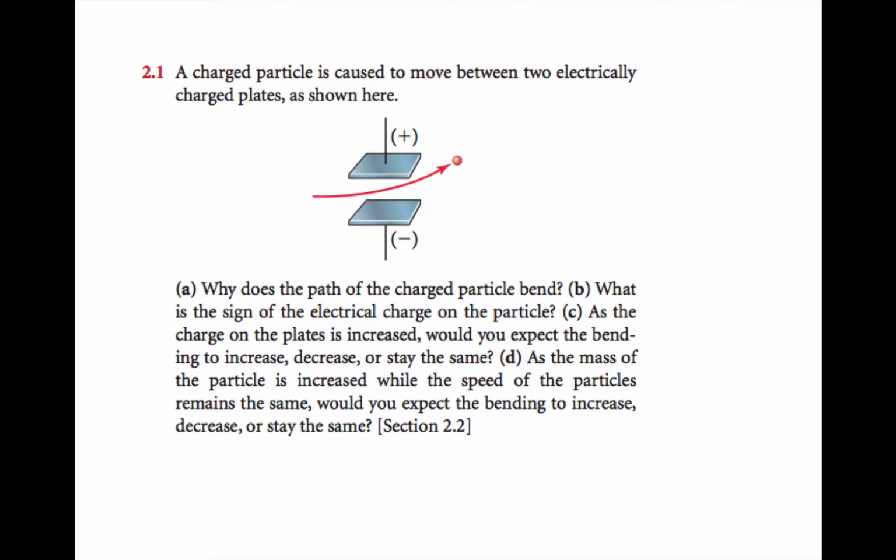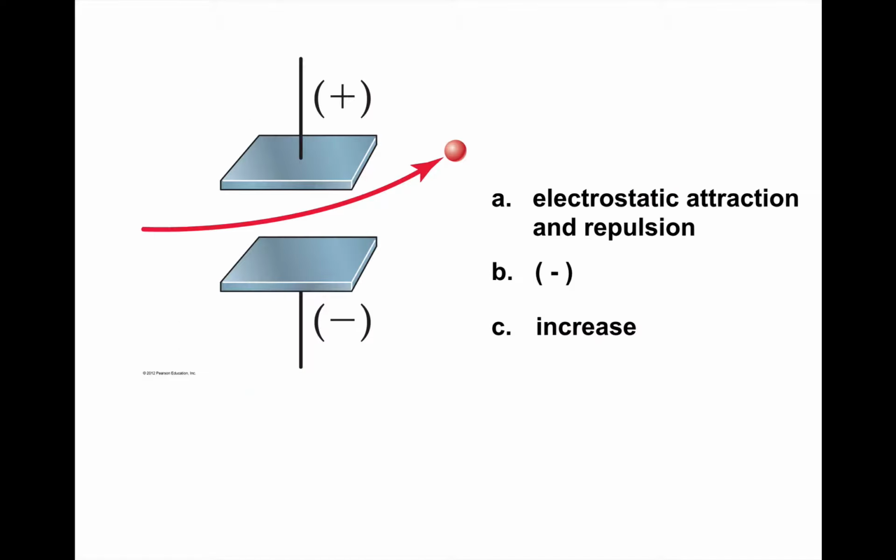D, as the mass of the particle increased while the speed of the particle remains the same, would you expect the bending to increase, decrease, or stay the same? All right, so this is what they leverage with the mass of things to figure out how massive they are. So a heavier particle will be bent less by the field than a lighter particle.